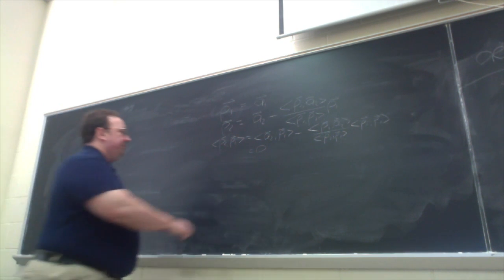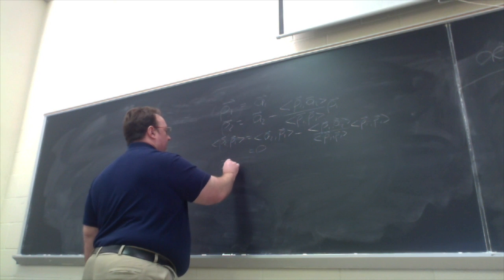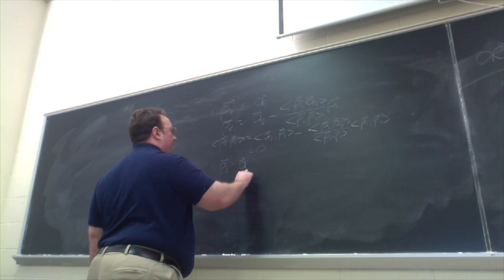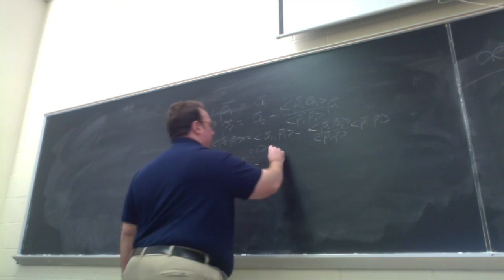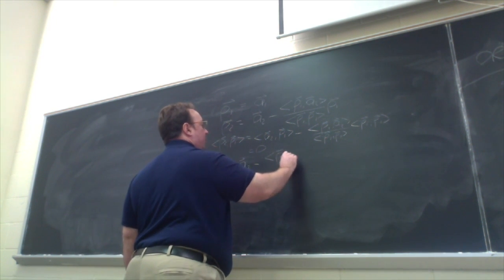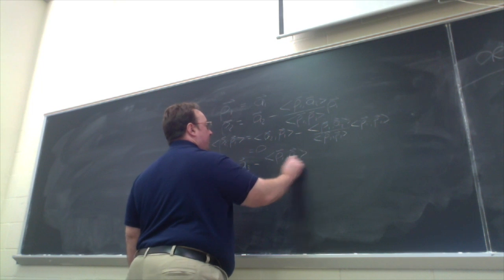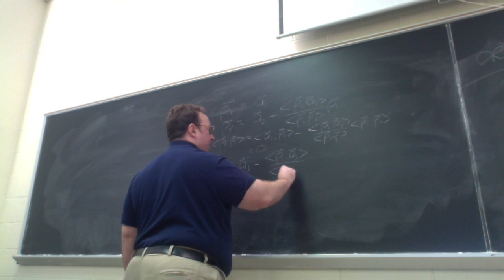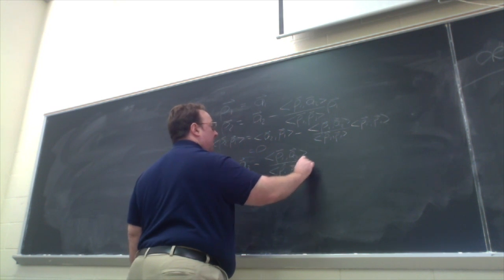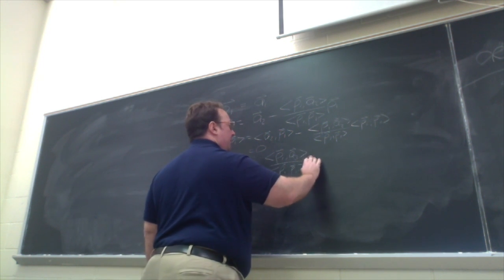So for instance, P3 starts out to be A3, but now I have to orthogonalize it against P1 and P2. So to orthogonalize against P1, it's going to be pretty much the same thing, except instead of A2, I have A3, and then times P1.